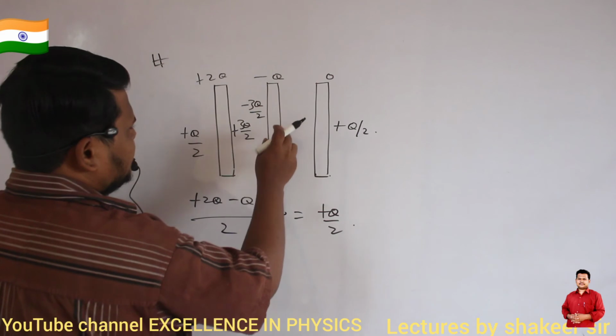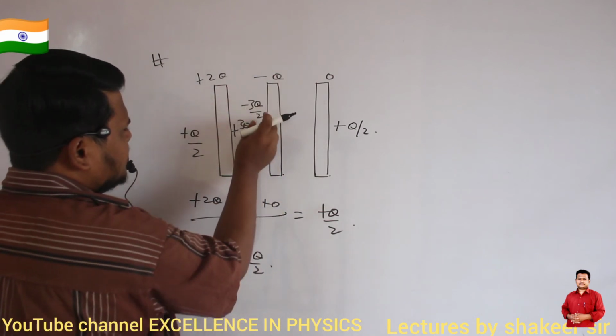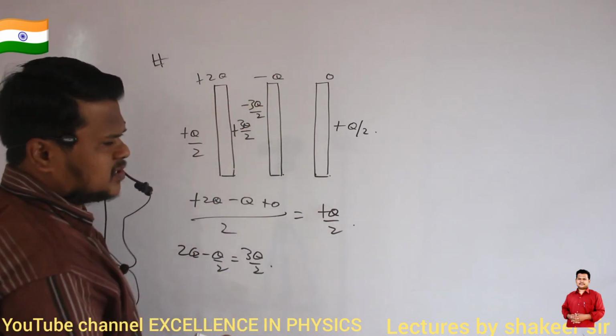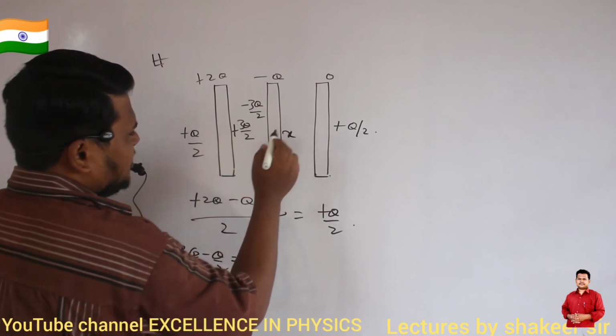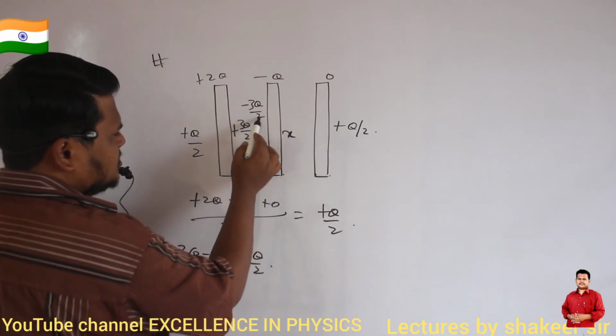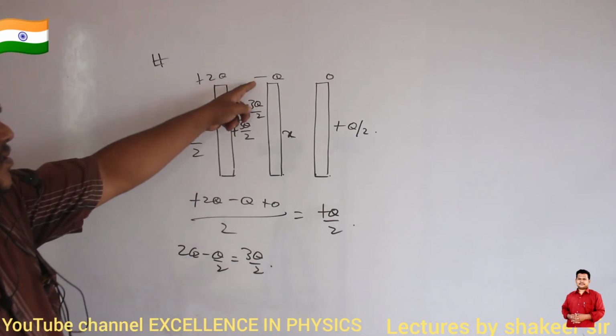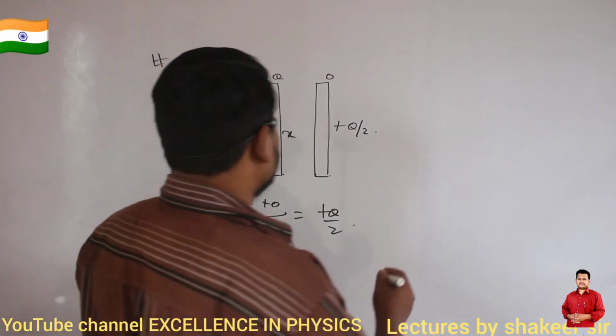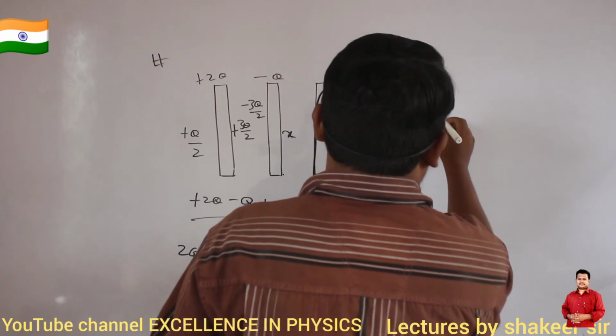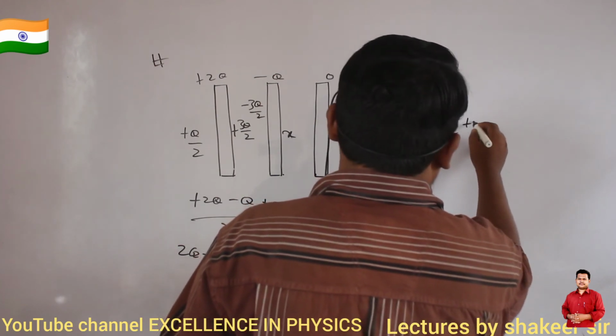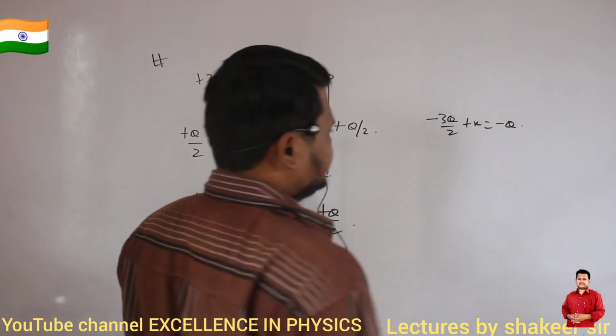Clear? So therefore, here I have minus Q amount of charge, and here I have plus 3Q by 2 amount of charge. Let the charge here be x. If I add this charge and this charge, it should be equal to minus Q, because that is the total amount of charge present on the second plate. So minus 3Q divided by 2 plus x; in total it should be equal to minus Q. That's all.